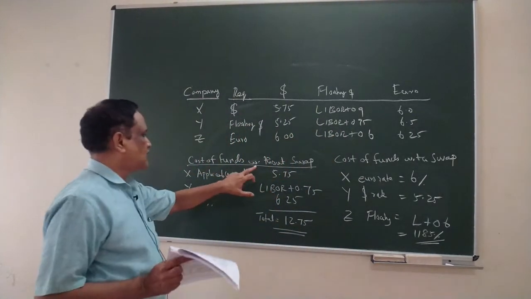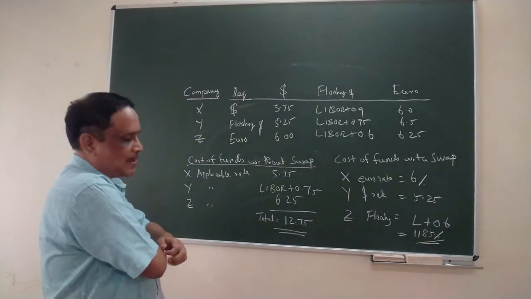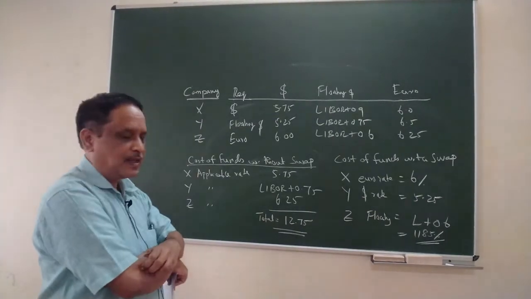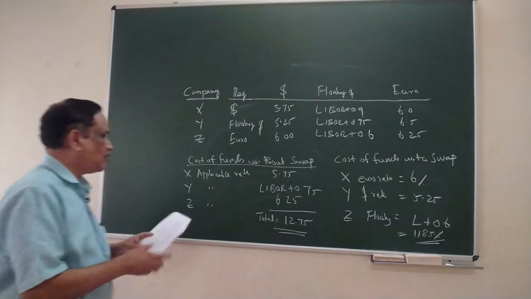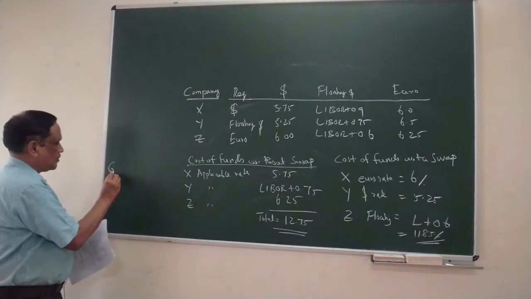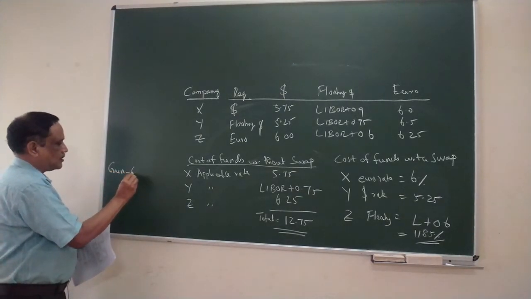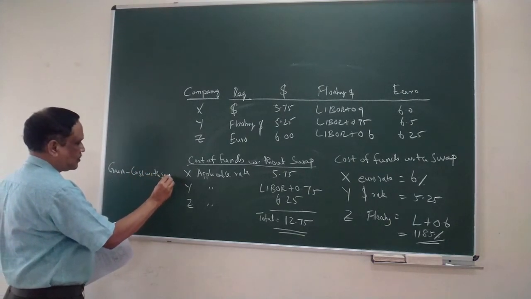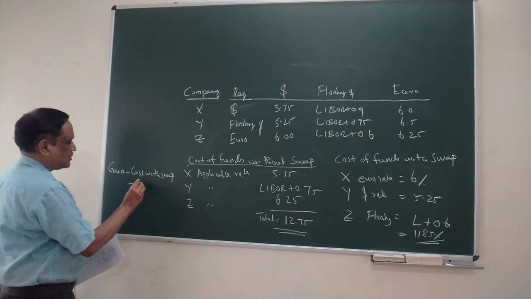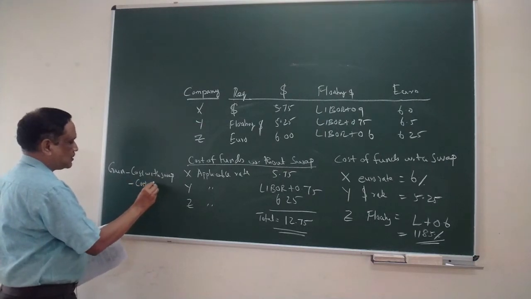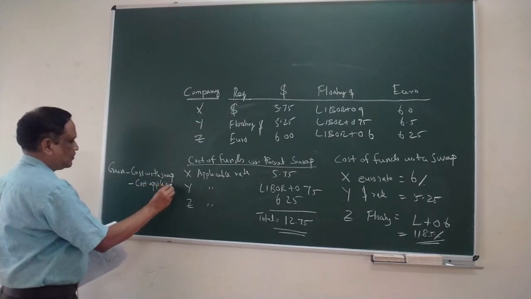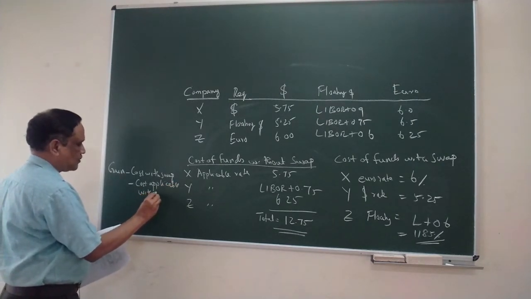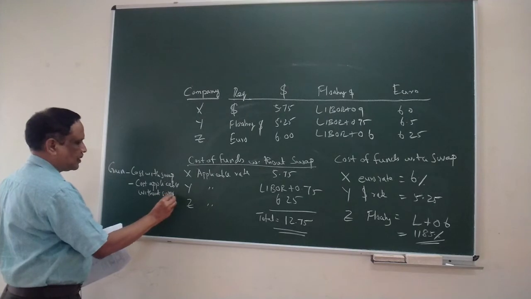So we have found the cost of funds without swap and with swap. The difference is the gain. So the gain would be cost with the swap minus cost applicable without swap.